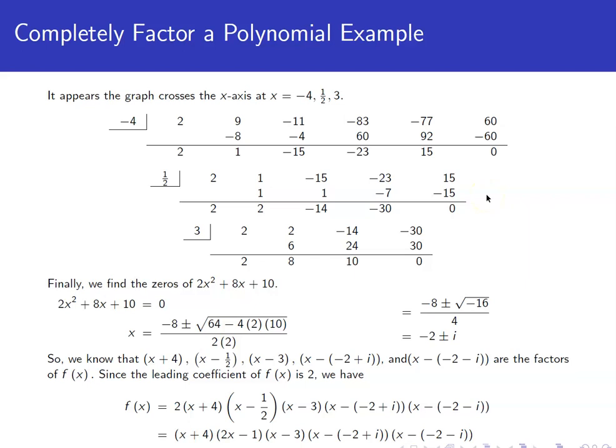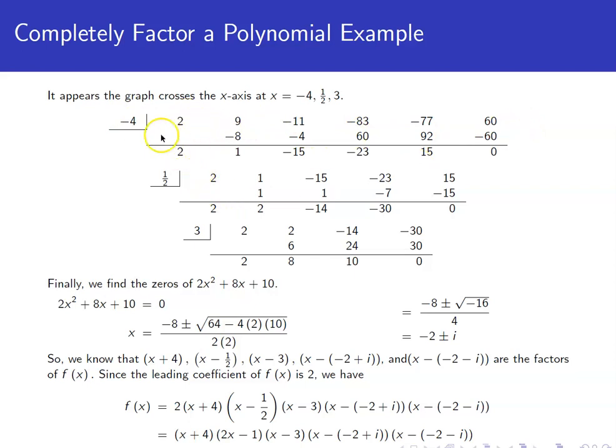We'll do successive rounds of synthetic division to see that these are in fact zeros. So first I'll put in -4. Here are the coefficients for the original polynomial. And we do our synthetic division like we always do.